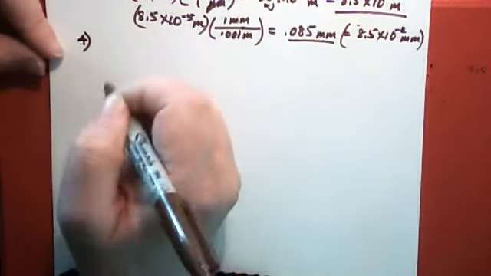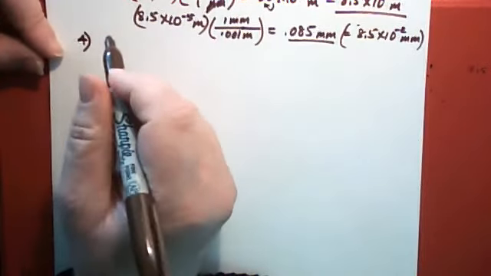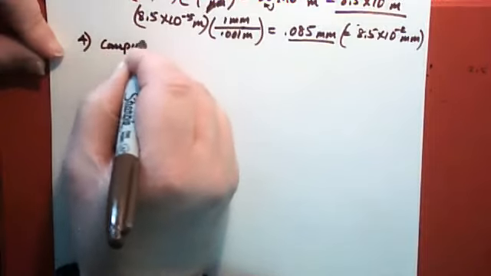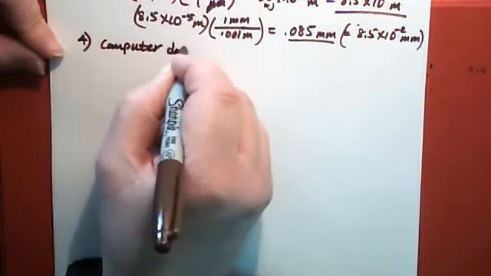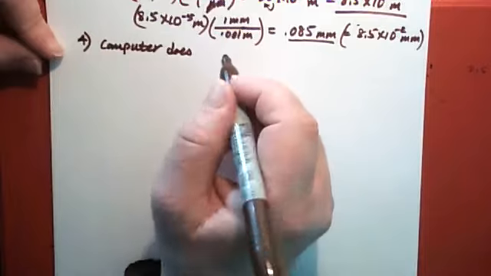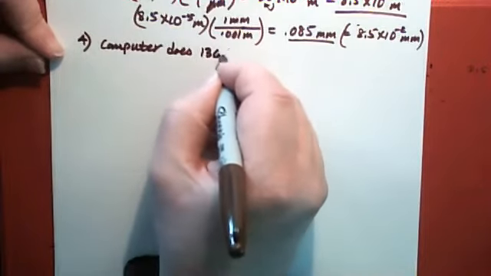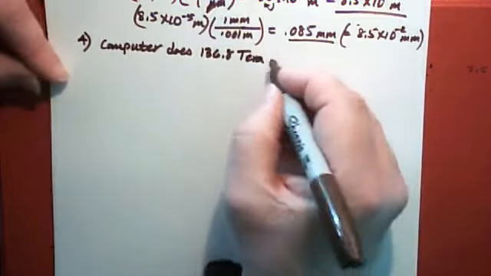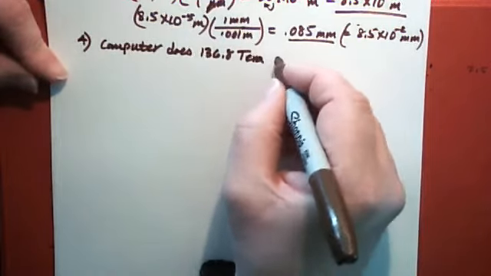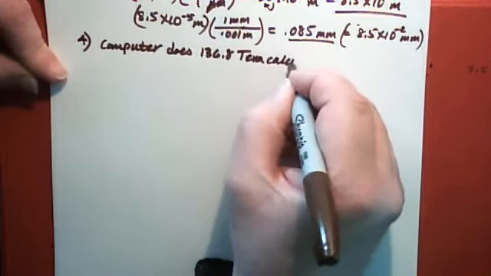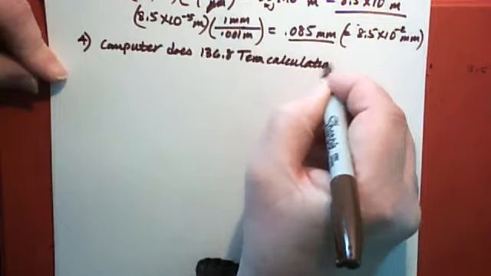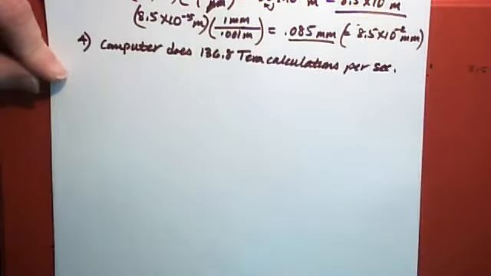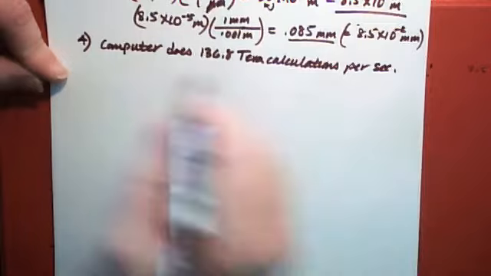Number 4, it's about an IBM computer. And a computer supposedly does 136.8 tera calculations per second. And the question is, how many calculations can it do in a nanosecond?